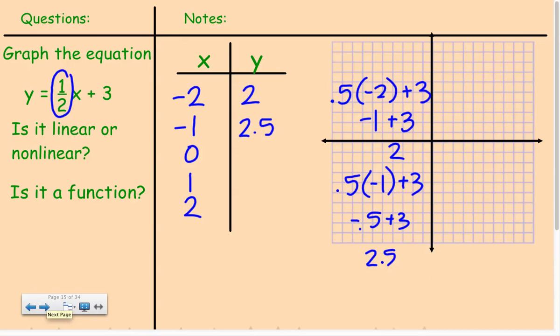If you wanted to pick a different number, you could. Half of 0 is 0. 0 plus 3 is 3. Half of 1 would be 0.5. 0.5 plus 3 is 3.5.